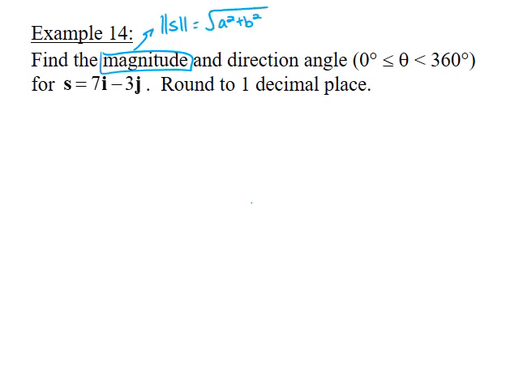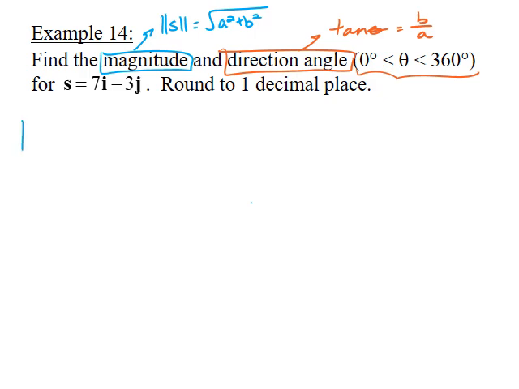The direction angle will be found by taking tangent of theta is equal to b divided by a. And then we'll take tan inverse of both sides to find that theta. When we find the direction angle, note that it needs to be an angle between 0 and 360. So we don't want any negative angles. Also note that it should be in degrees.